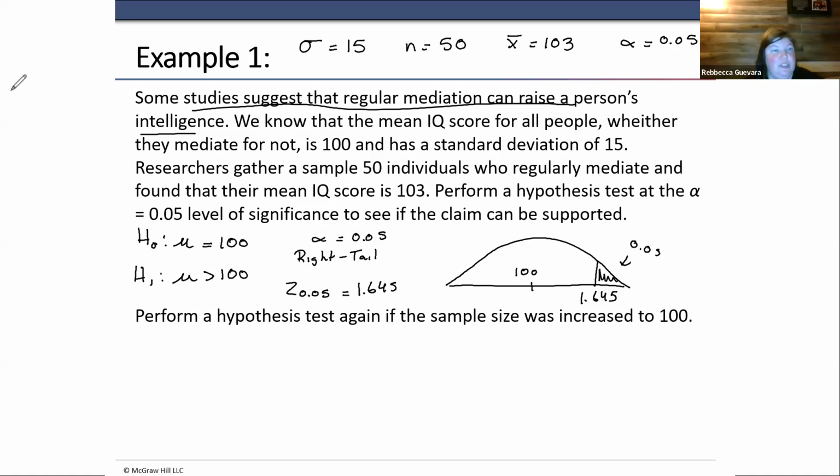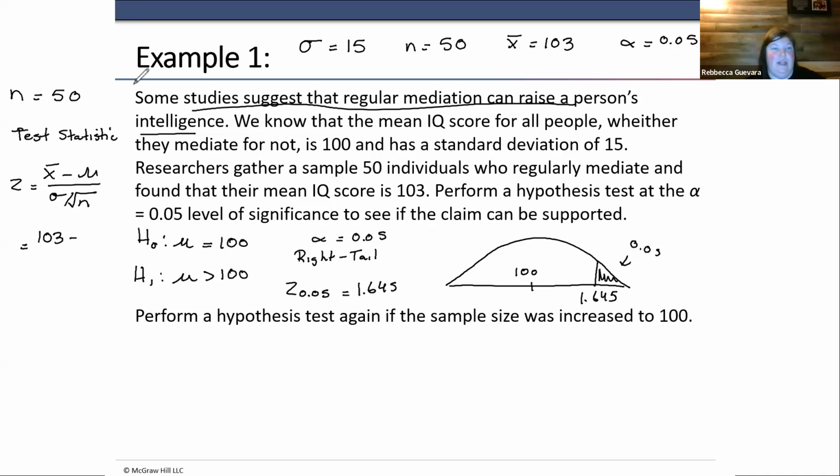So our first part, if we're looking at a sample size of 50, then my test statistic is going to be the z-score for x bar minus mu divided by sigma, which is then divided by the square root of the sample size. So our sample we collected had a mean of 100.